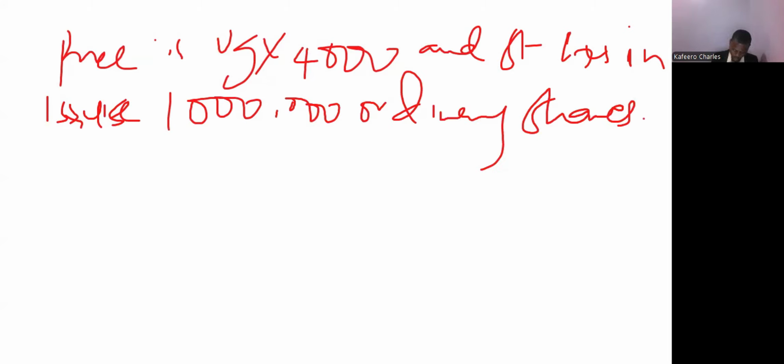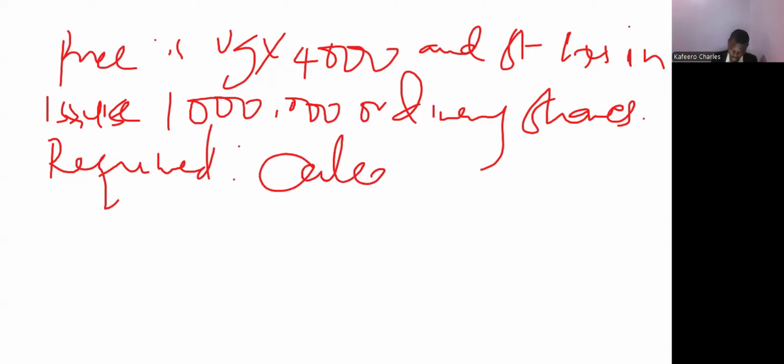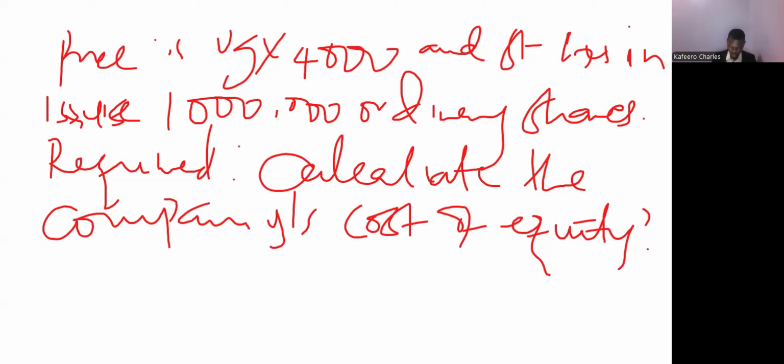The required: they are telling us to calculate the company's cost of equity. So we need to get the company's cost of equity. Solution.